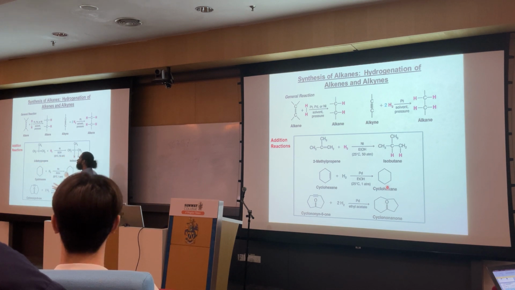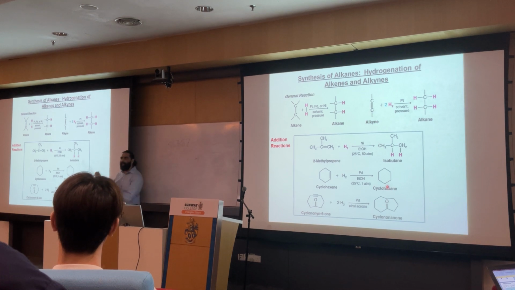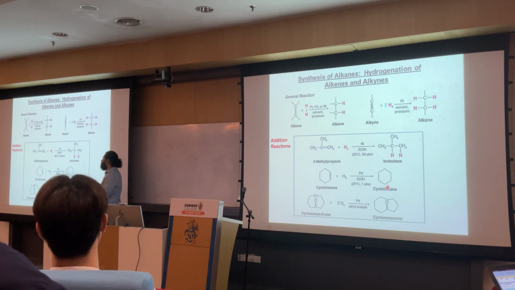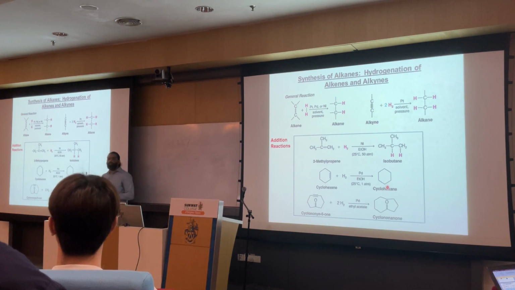But the point of showing here as an example is that this is one way by which alkanes can be synthesized. So you can start with alkenes or alkynes and then add hydrogen molecules in them, so your double bond or triple bond be converted into single bonds, and that's how you can get alkanes. If you have alkyne, then you will probably have to do two sets of addition reaction.